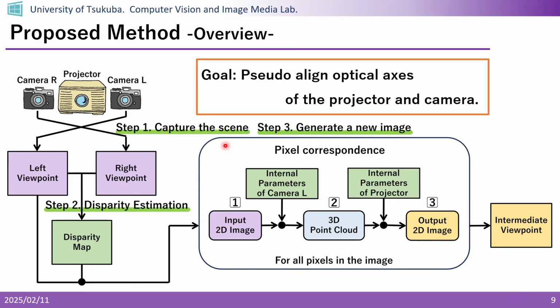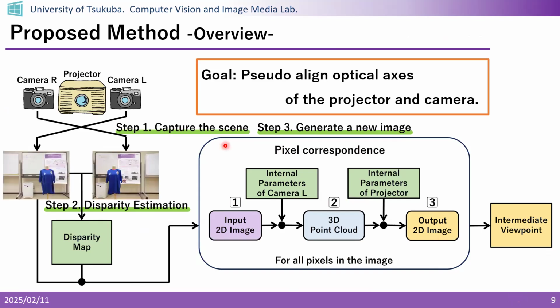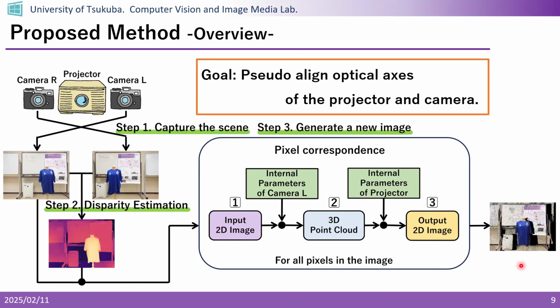Each camera captures the scene of the projection target, the right viewpoint image and the left viewpoint image. Step 2. Disparity of the two captured images is estimated using stereo matching. Step 3. Based on this disparity information and the left viewpoint image, we generate the intermediate viewpoint image. This image means the image observed from the optical center of the projector.